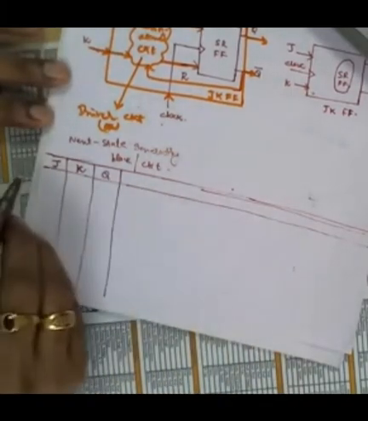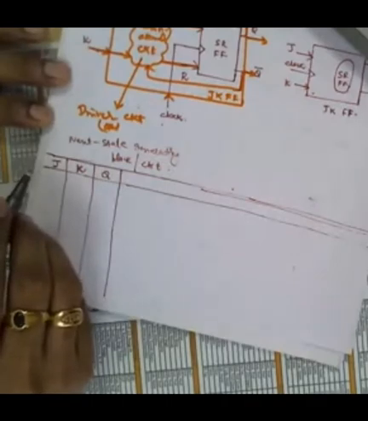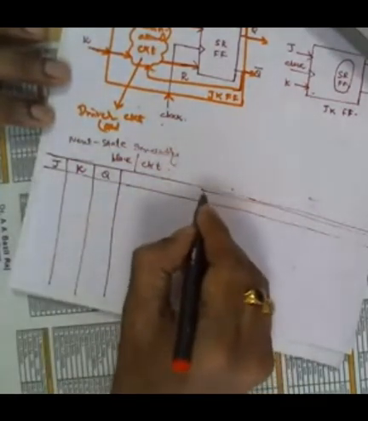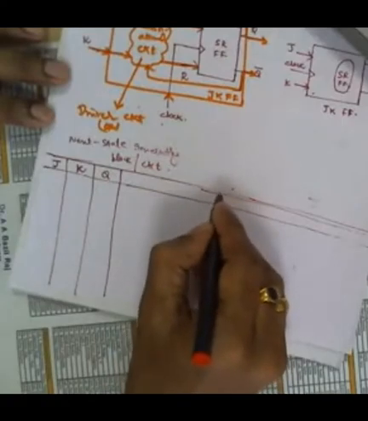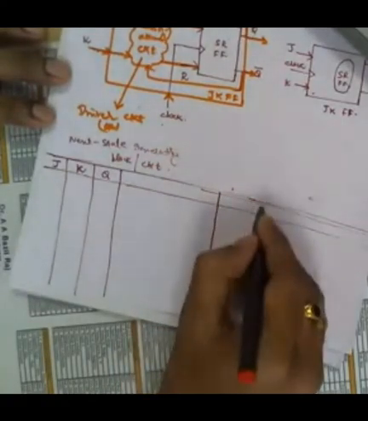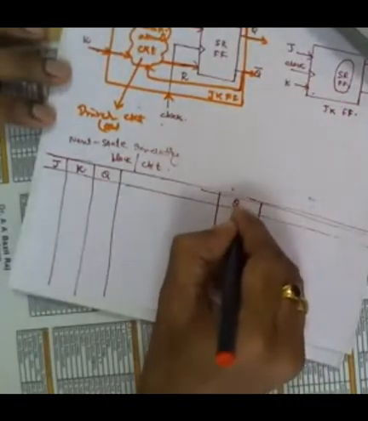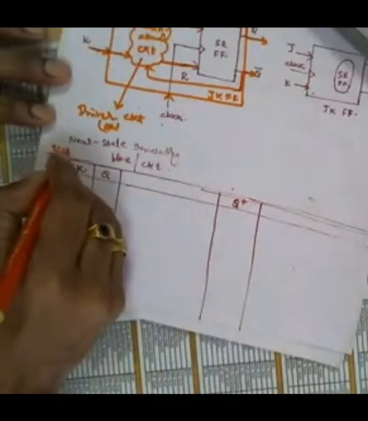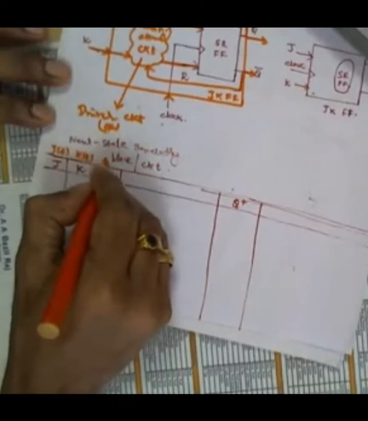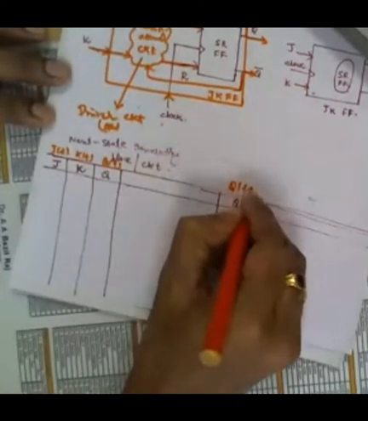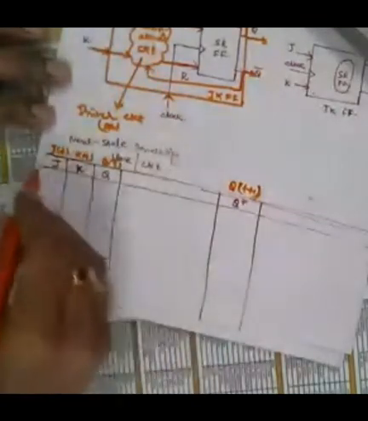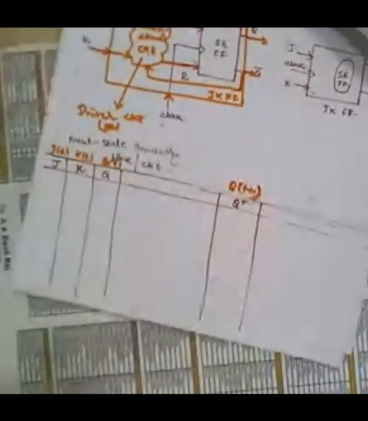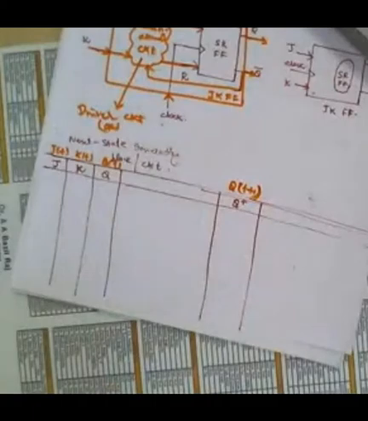J, K, Q. And then here, what I want is Q of t plus 1, or Q plus. We can use two representations: J of t, K of t, Q of t, and Q of t plus 1, or simply J, K, Q, Q plus.